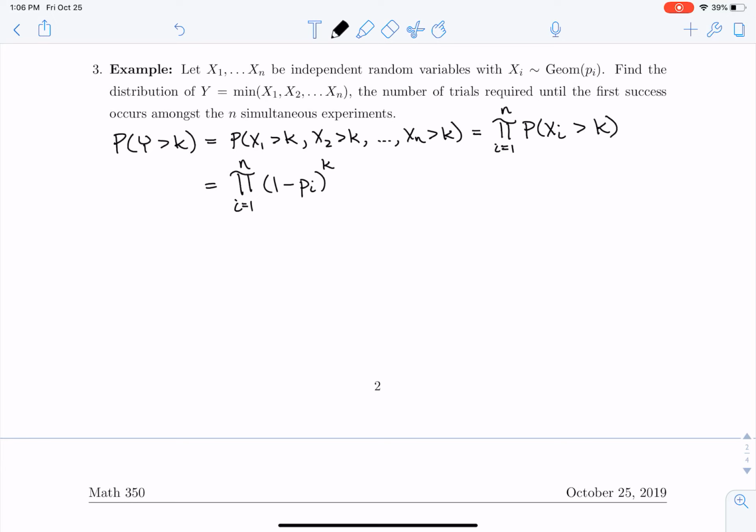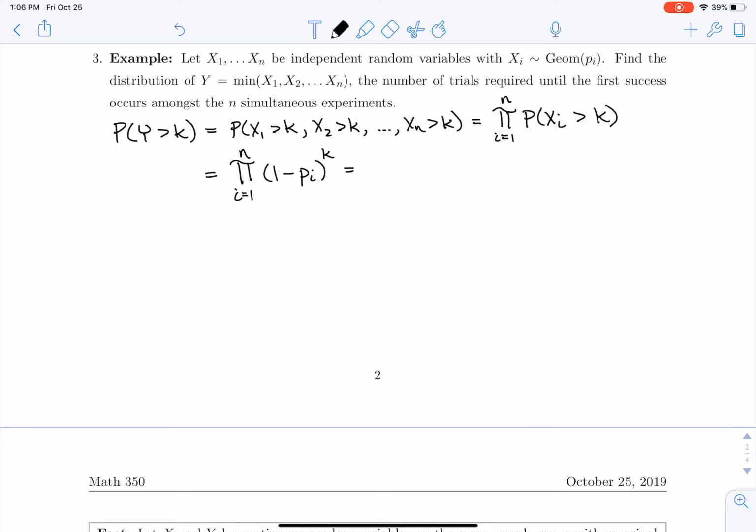Well, we can rewrite this as the product from i equals 1 to n of 1 minus p sub i, all to the kth power, since each of the 1 minus p sub i's are already to the kth power.